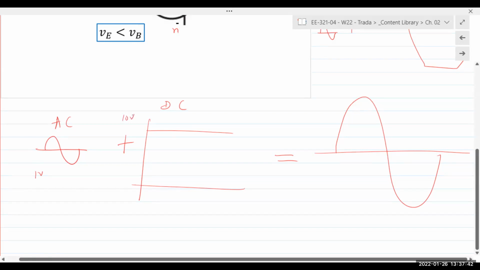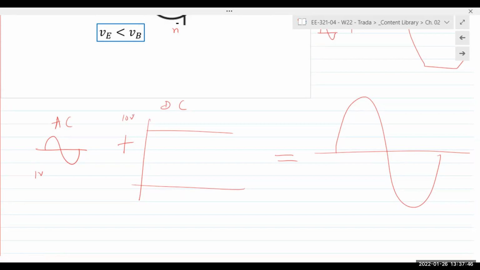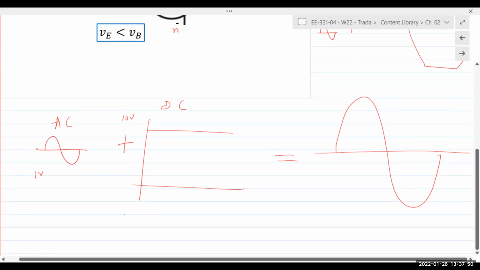And the gain of the amplifier is designed to be, let's say, 5. So if gain is 5, then V out would also be 5, right?